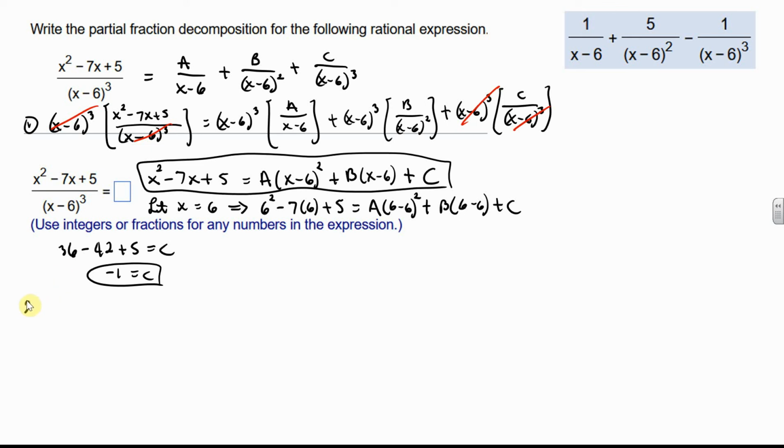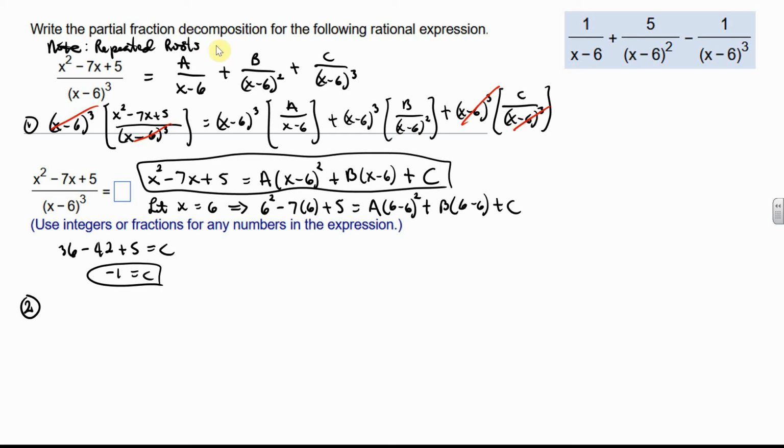So, let's see. This is step number 2. Here we have, please note, repeated roots.